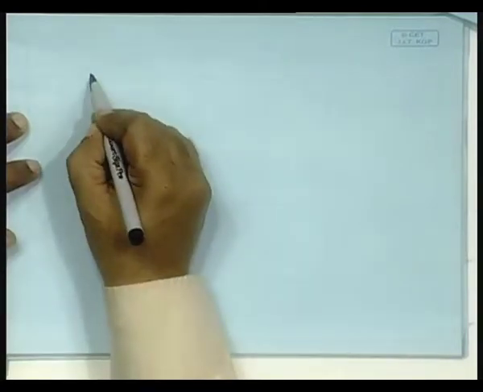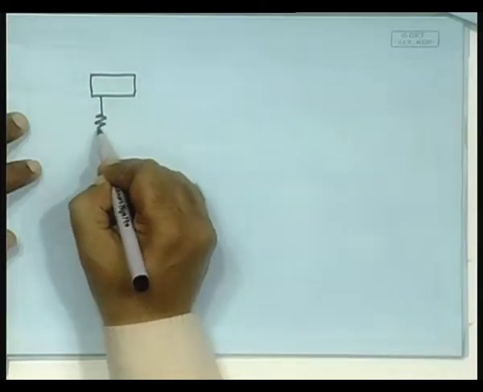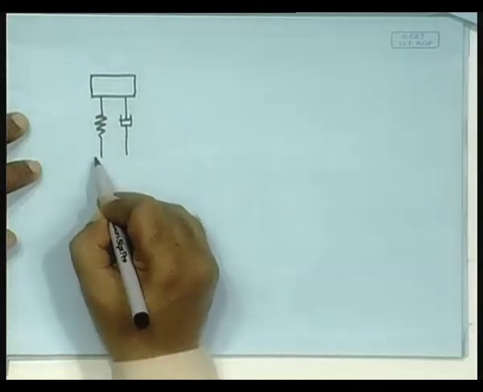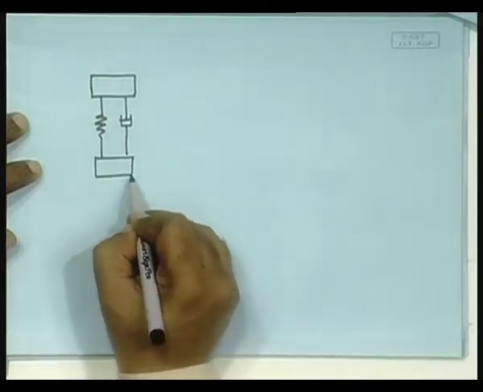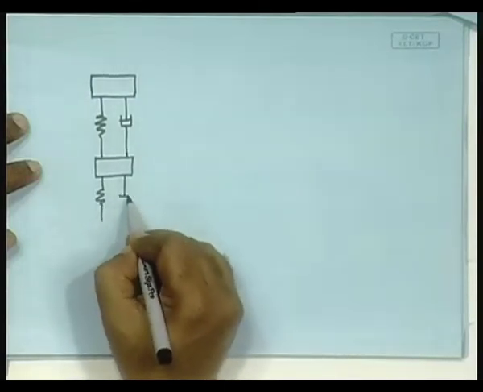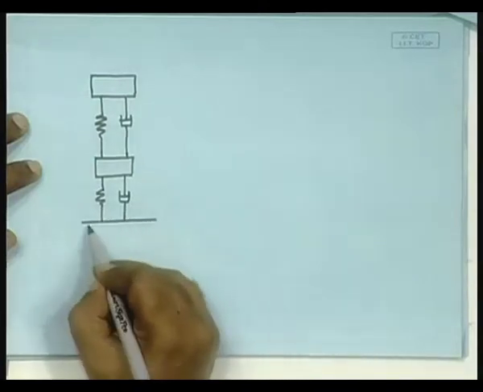Fine. So, we have learned how to use it. Can you just quickly write it for this system? Say there is a mass, there is a spring, there is a damper, there is another mass, there is a spring, there is a damper, and now it is connected, it is resting on the ground.